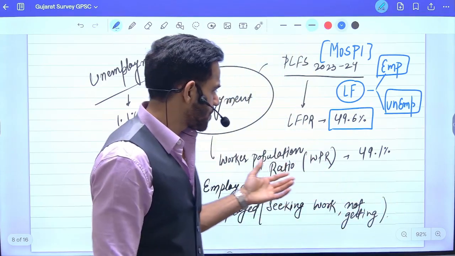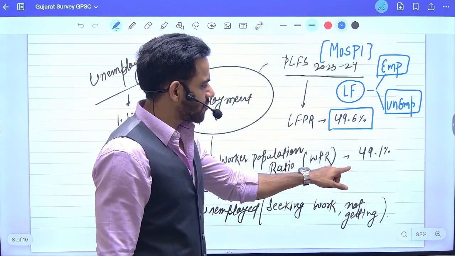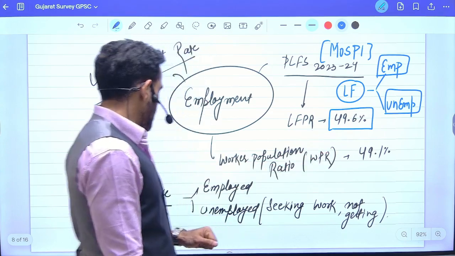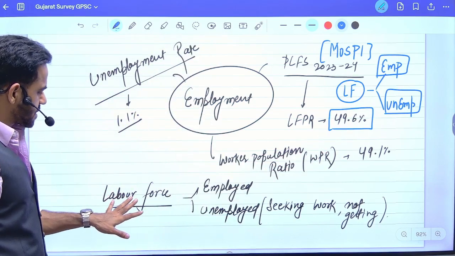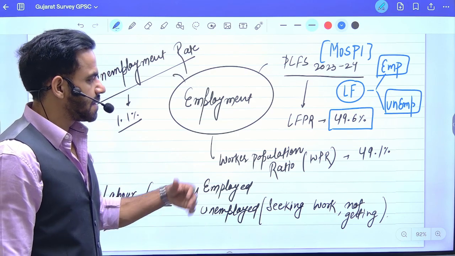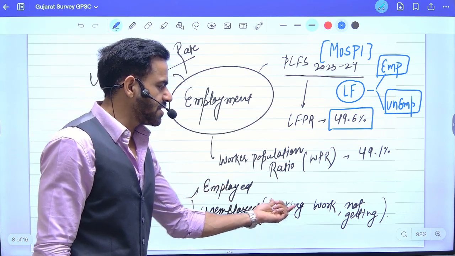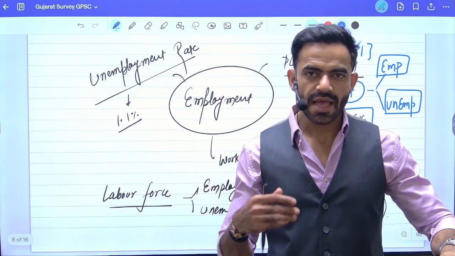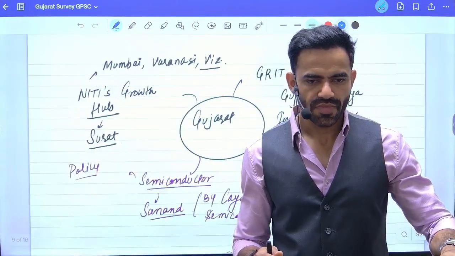So that is the worker population ratio, 49.1%. So these are two important data. Now we have already discussed labor force basically means employed and unemployed population. Unemployed means those who are actively seeking work but not getting it. So that is the employment status in Gujarat.